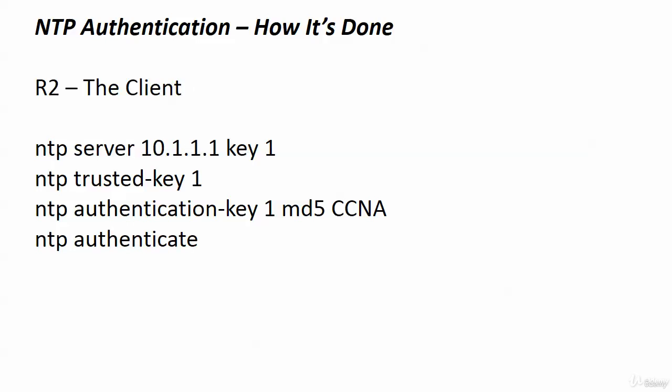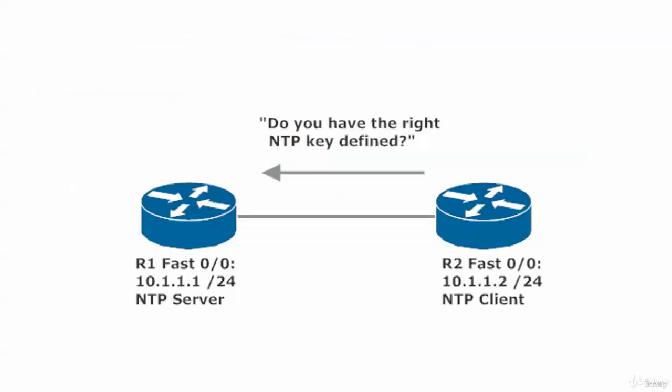Now, if you've seen in some books or some configs or some labs or anywhere where NTP authenticate is on both the client and the server, that's okay. It really doesn't hurt anything, but I do want to point out that with NTP authentication, what's really happening is that the client is making sure the server is trusted.